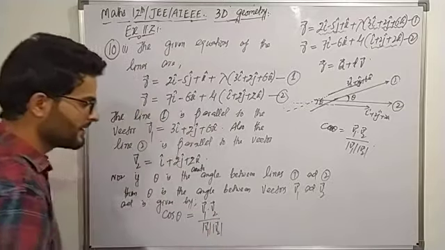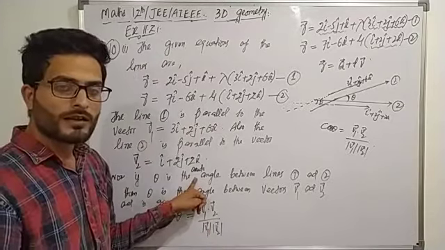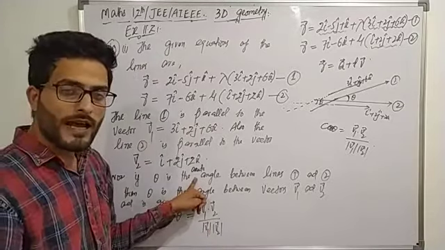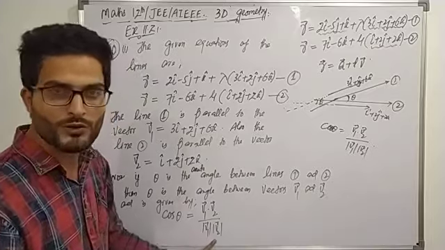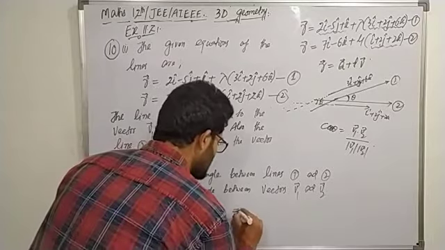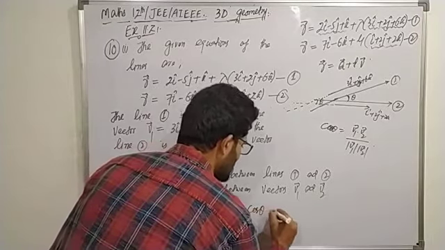Here the plus sign, because we have taken theta as an acute angle, right? So cos theta is equal to v1 dot v2 divided by magnitude of v1 into magnitude of v2.